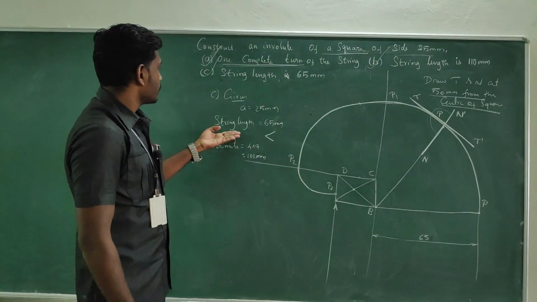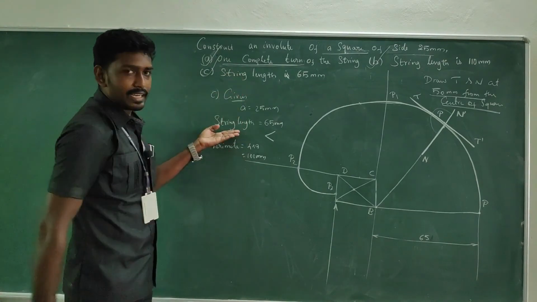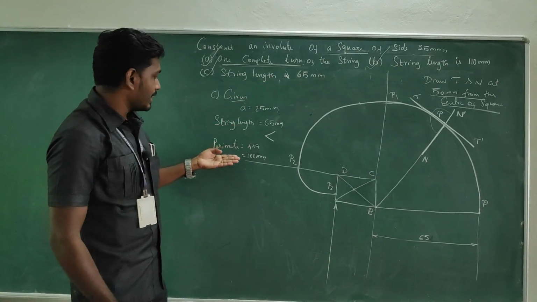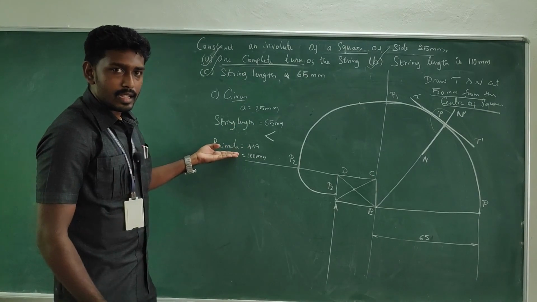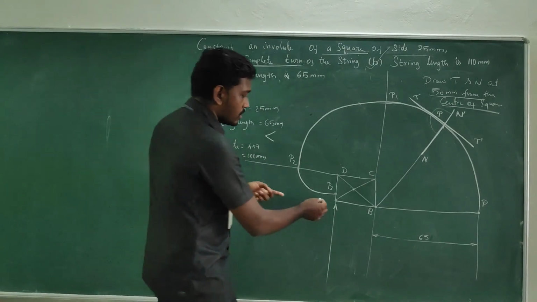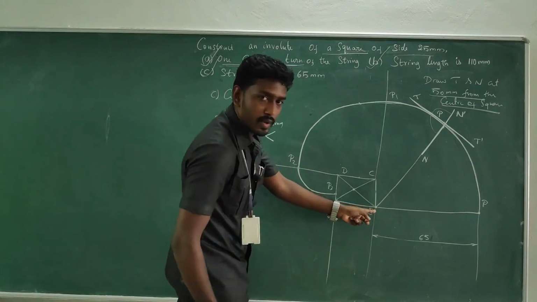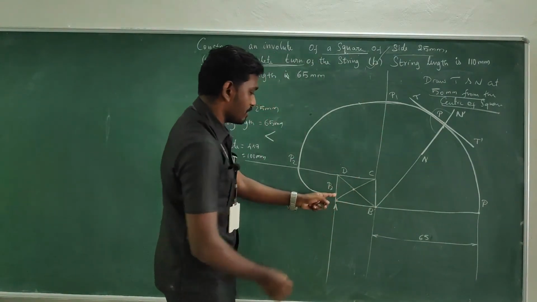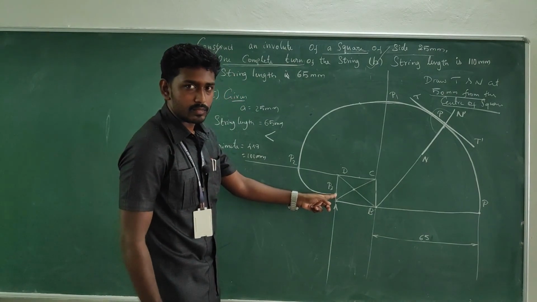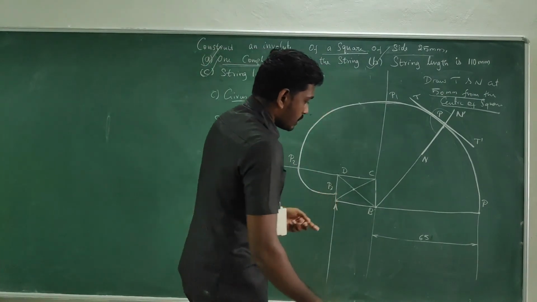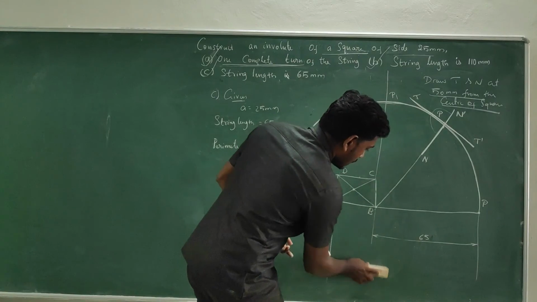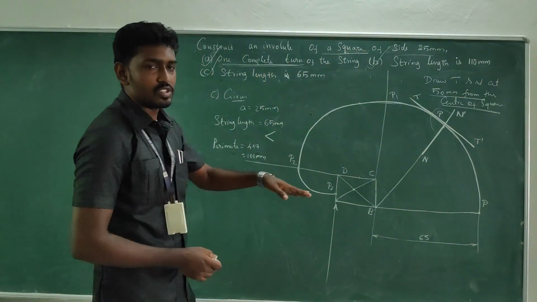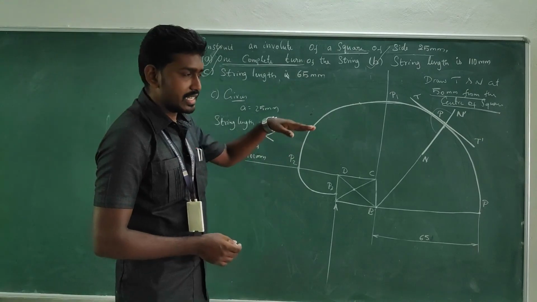And when we come to the third condition, when the string length is 65, which is less than one turn, there is a shortage, so it is not completing the full turn, but ends before itself, right?